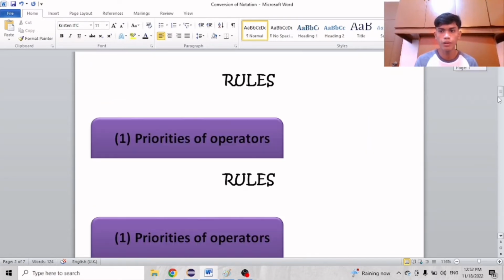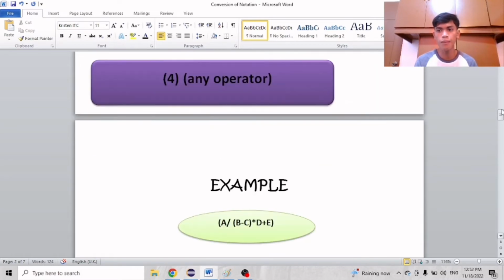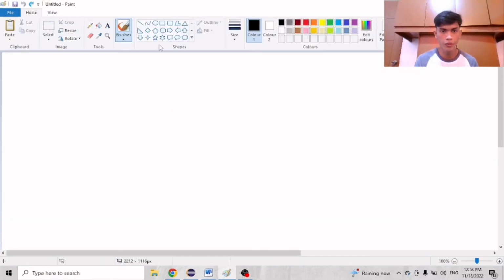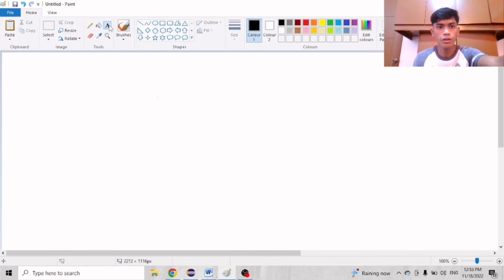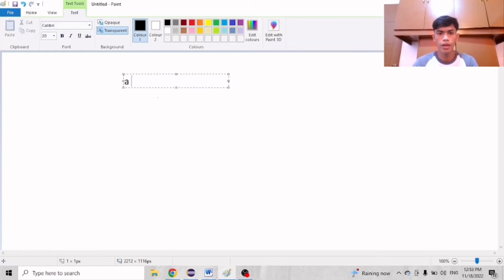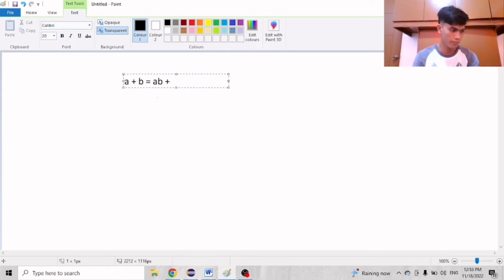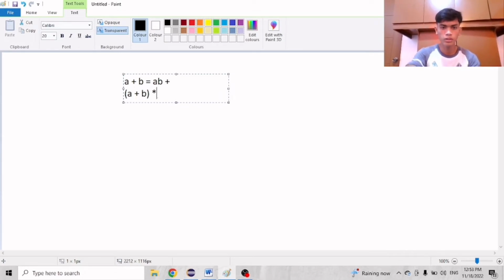And now let's give you a basic example. The basic example of prefix here is A plus B. So this is infix, and to make it prefix, we put the operator first, like that. Another one: A plus B times C. This is infix.